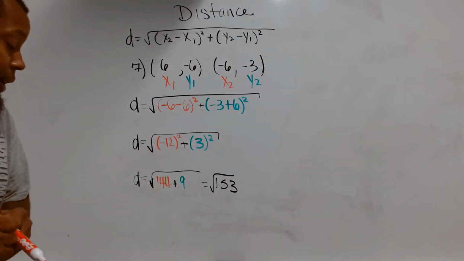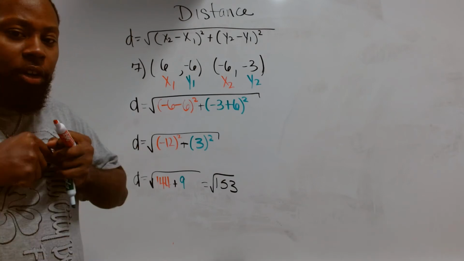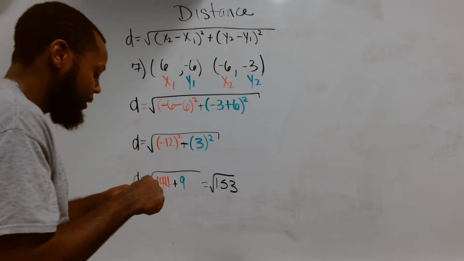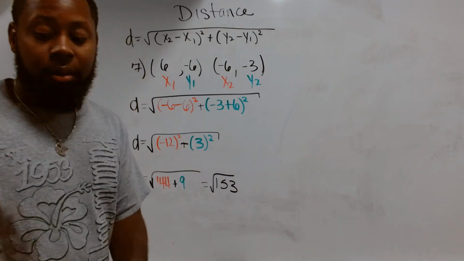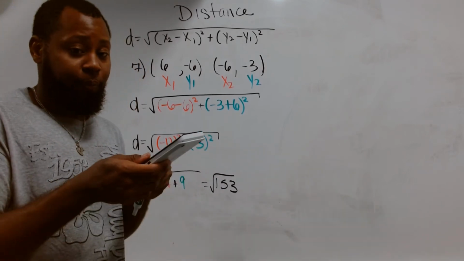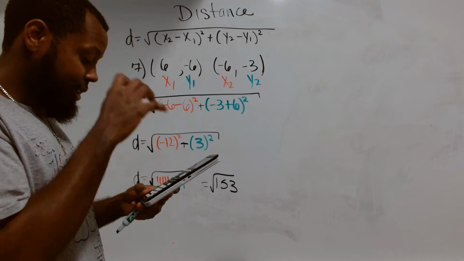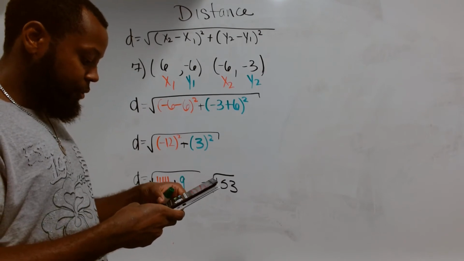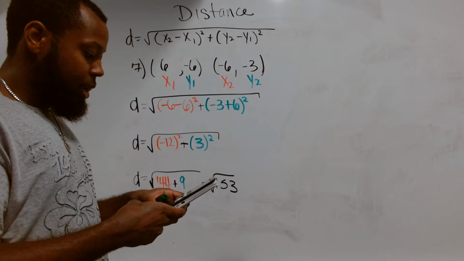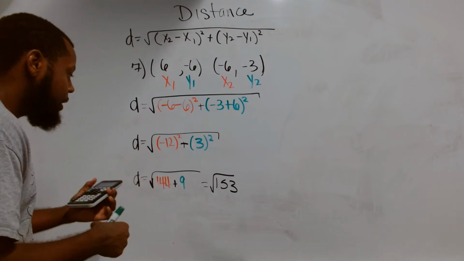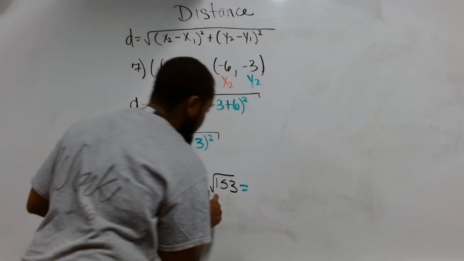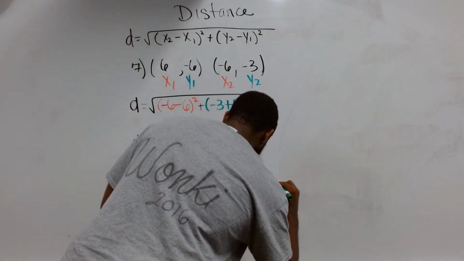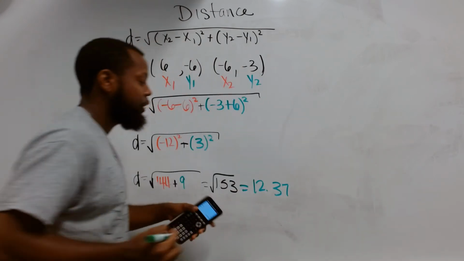Now you may be confused about what in the world that is. What is that in numbers? Let me put it in decimal form for you, because I do not know that off the top of my head. So basically, the root of 153 is 12.37 units.